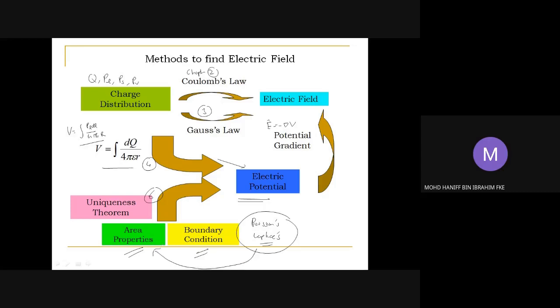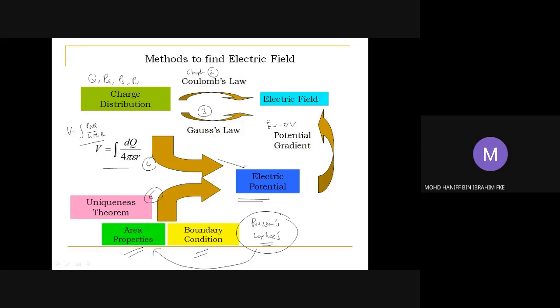So the Poisson and Laplace equations that we mentioned earlier in our objective are basically parked under the area properties. Your area will exhibit whether it can be represented by Poisson's equation, or by Laplace's equation.